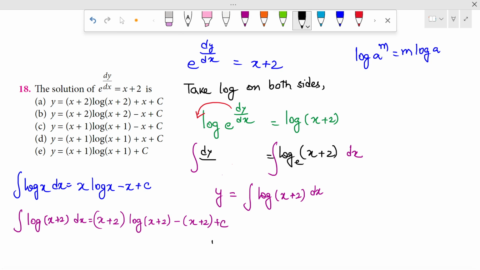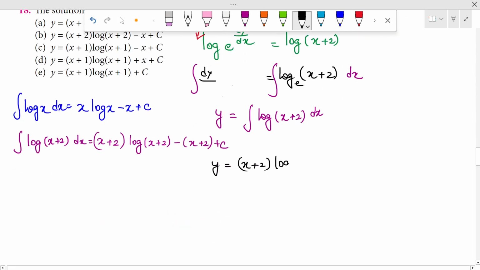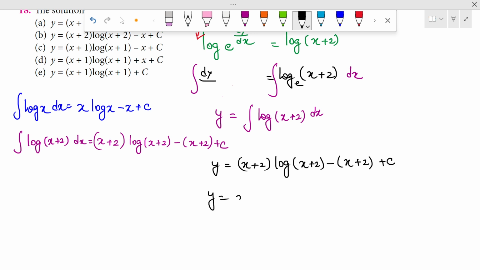That means the value of y will be equal to x plus 2 log x plus 2 minus x plus 2 plus c, and if you open this, we will get minus x plus c minus 2.